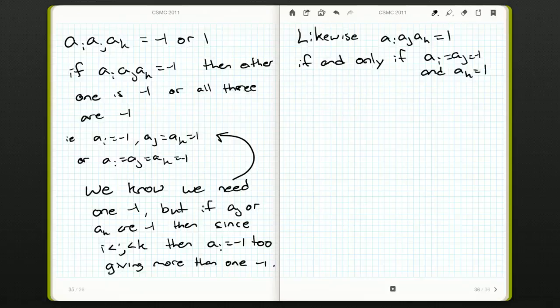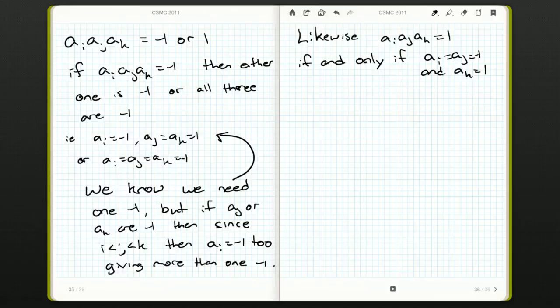So by the same token, if you want a positive 1, you need to either have 2 negative 1s and a positive 1, or all 3 positive 1s. You could choose AI and AK to be negative 1s, but the second AK is a negative 1, AJ would be a negative 1, and that would be a contradiction. We need AJ to be positive 1.